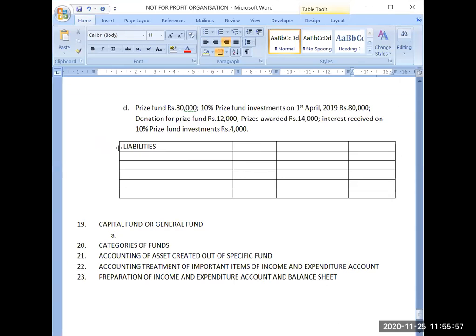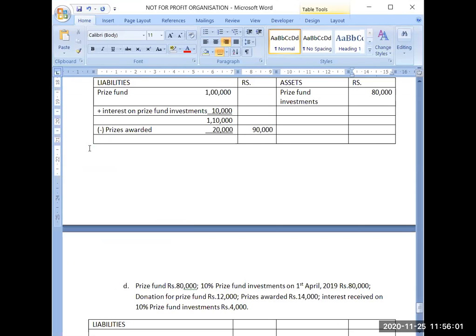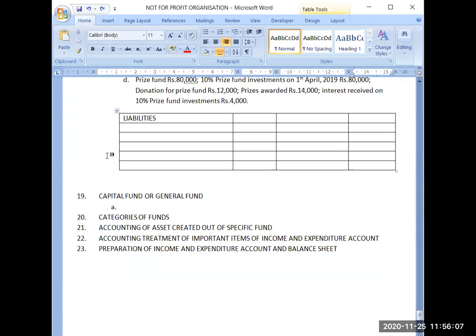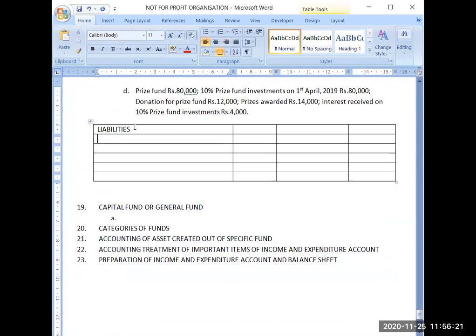Please solve it and tell me the final balance of prize fund that you will show on the liability side.